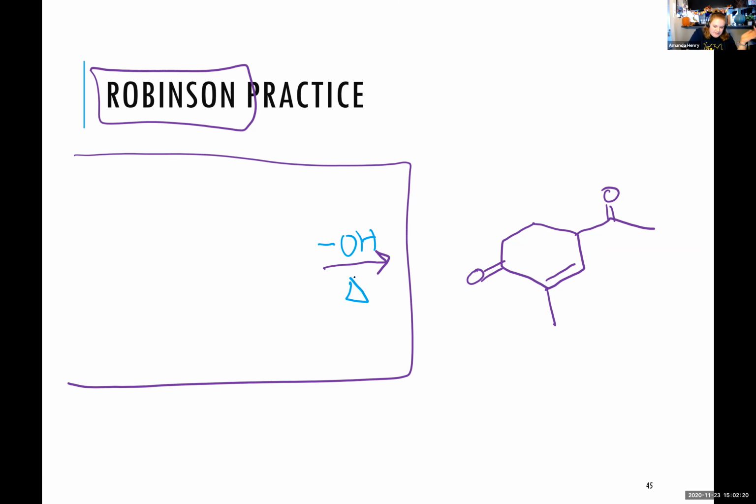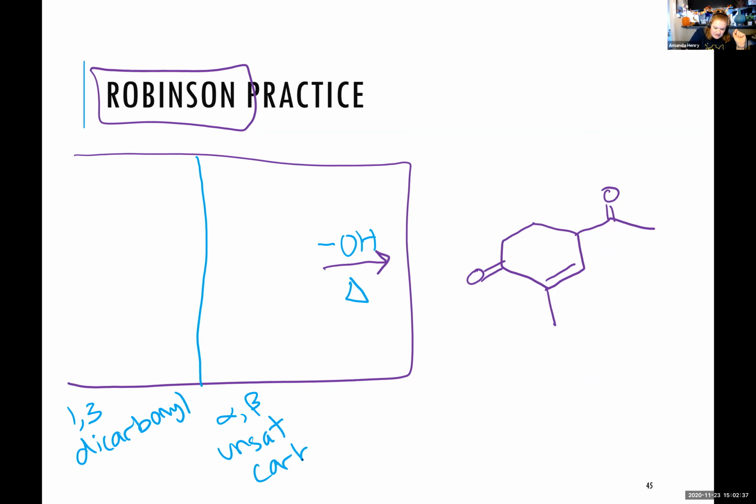We know that we're going to need, I'm going to divide this in half, but I don't know if I'm going to give myself enough room, a 1,3 dicarbonyl and an alpha beta unsaturated carbonyl. So we have to undo this reaction to get back to the starting place. I know that I'm going to break this bond.